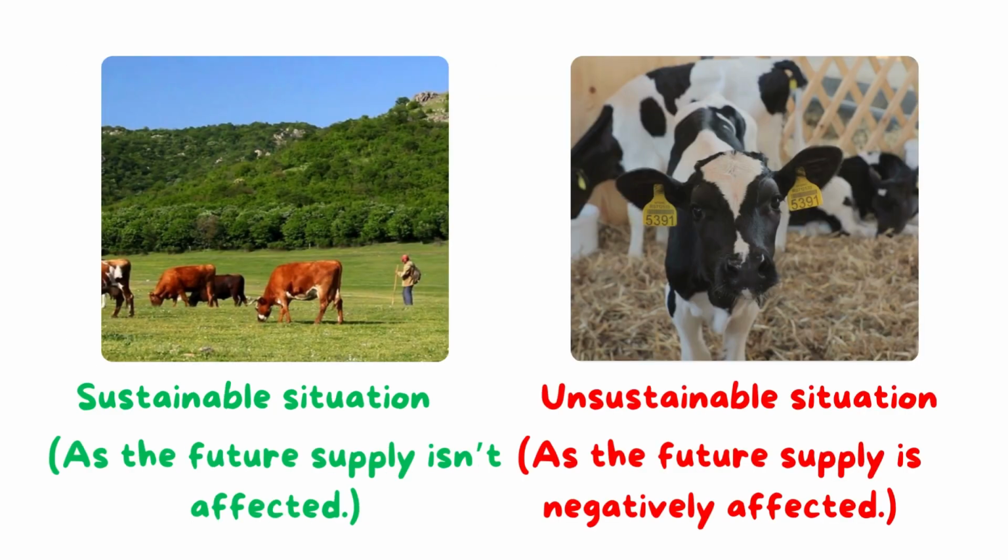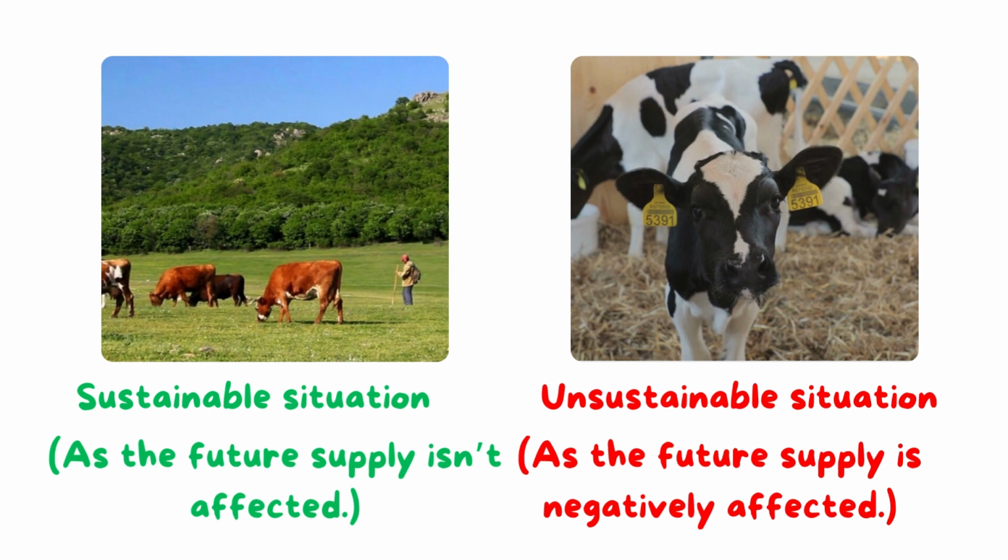So in our example of the cows placed in a large grass area, this is a sustainable situation because the future supply isn't affected. All the time they will find grass.